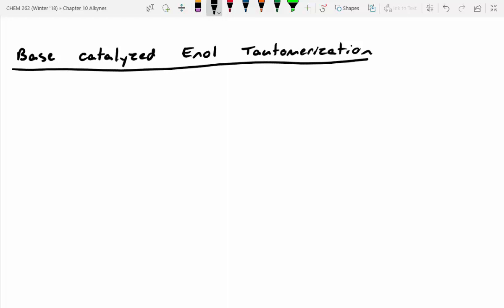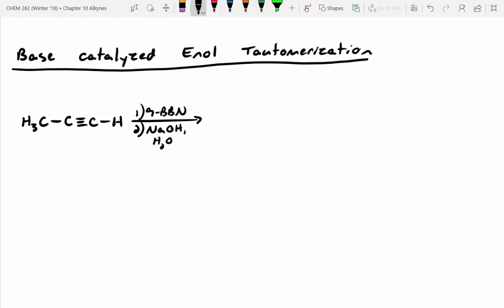So let's take a really simple example. And same thing, I'm going to draw all my carbons in just so we can keep track of them a little easier. And we're going to treat this with 9-BBN first, followed by sodium hydroxide and hydrogen peroxide.